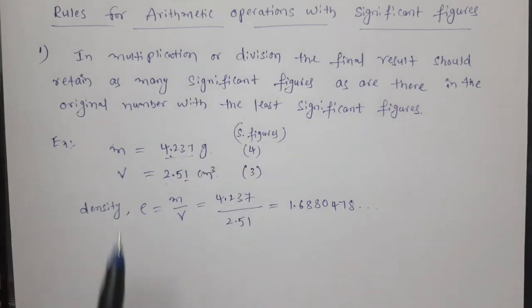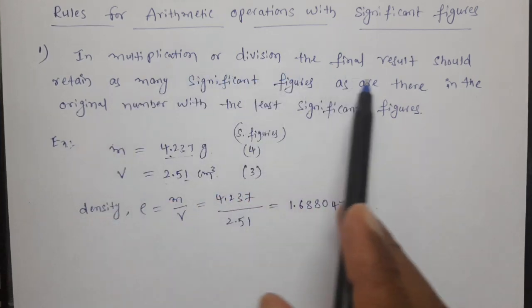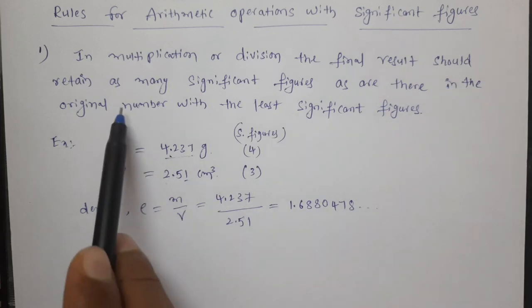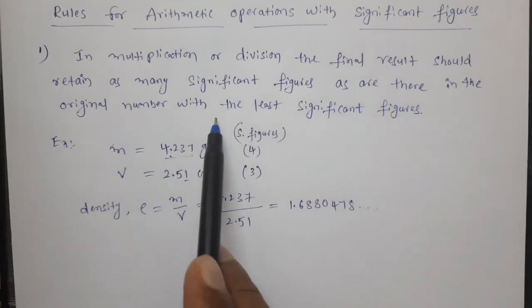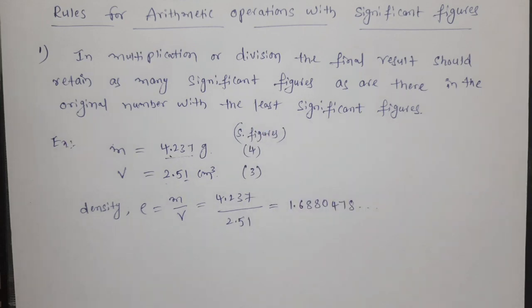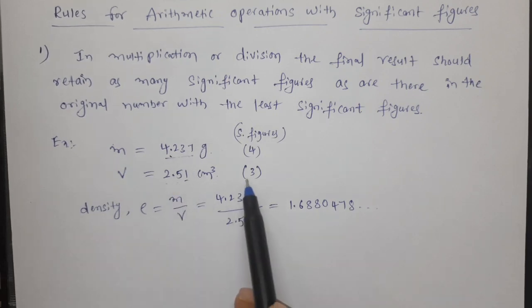What is that rule? In multiplication or division, the final result should retain as many significant figures as are there in the original number with the least significant figures. That means here mass is given with 4 significant figures and volume is given with 3 significant figures. Which measurement has fewer significant figures? This one, and there are 3.